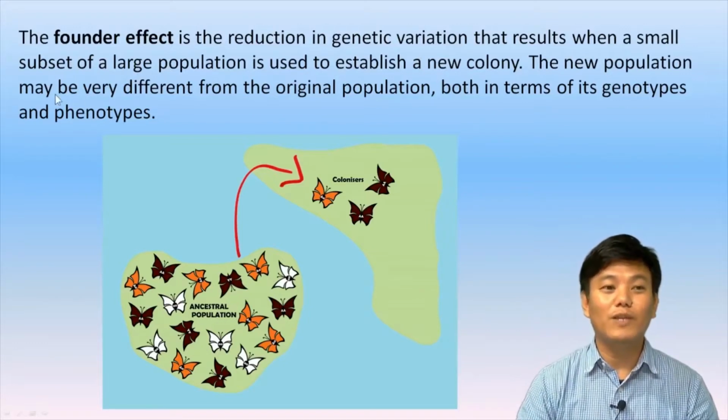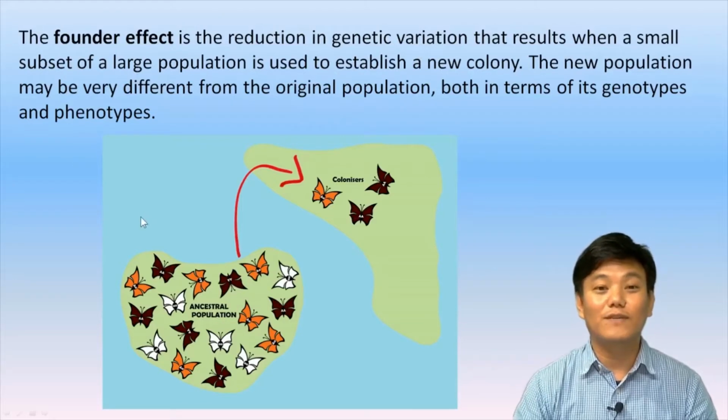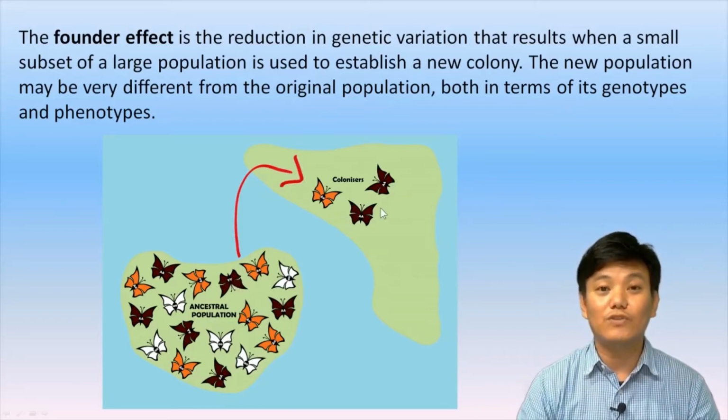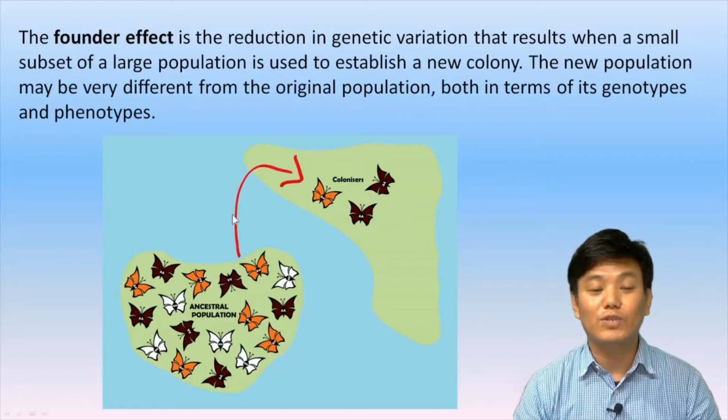The new population may be very different from the original population, both in terms of genotypes and phenotypes. Let's look at the example over here. So on this particular island, we have the original ancestral population. From this population of butterflies, a few accidentally migrate to a new island. So that is a genetic drift over here, right? So due to chance event, what happens?